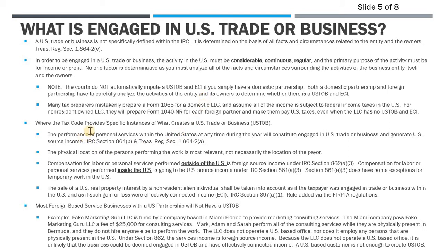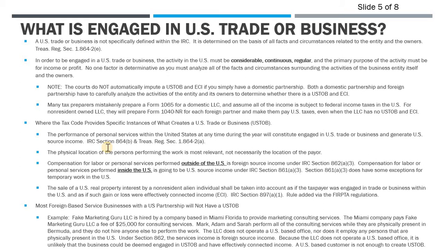So where are some tax code provisions that give actual instances of what constitutes a USTOB? Well, it says clearly in 864 that the performance of personal services within the United States, so that means you're physically in the U.S. when you're working, at any time during the year will be considered engaged in a U.S. trade or business, and it will generate that U.S. source income. Okay? Now, the physical location of the person performing the work is what's relevant here. It's not the location of the payor.